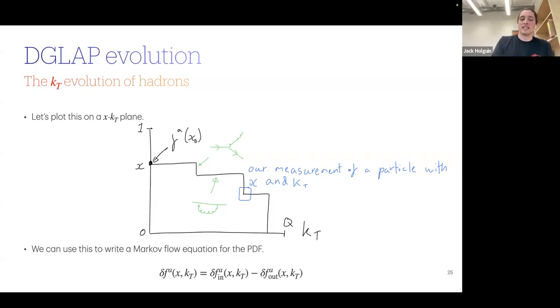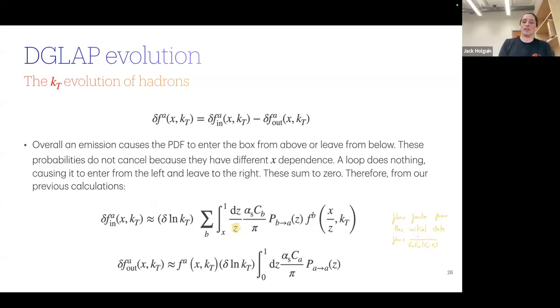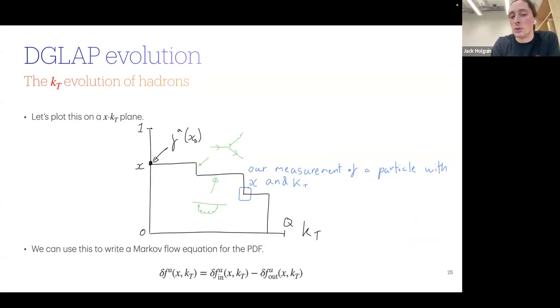Okay, so this is a little abstract, but fortunately we've already done all the work to compute these two quantities, because let's just imagine what causes you to go down on the plane. Well, that means you've lost some of your energy. The quark has lost its energy, so it must have radiated a gluon. So every step down is a quark losing some energy by radiating. Every horizontal step is the virtuality of the quark being reshuffled, its transverse momentum being reshuffled with the process. So that's like loops connecting it to other things.